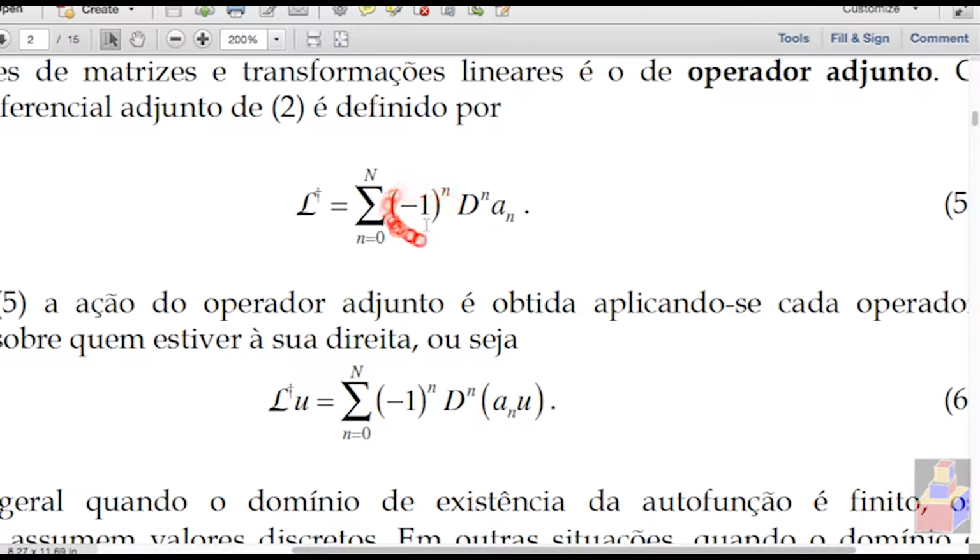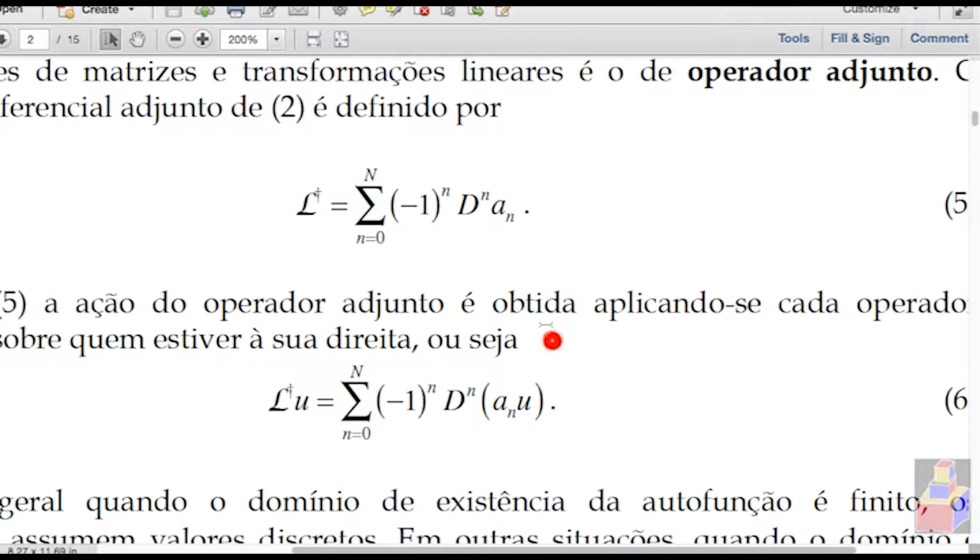Okay. So I have a (-1)^n. So I have a little difference. And now we have a_n to the right, so it means that the differential operator is going to act also upon a_n. So if you operate this on a function u, you're going to have something like this: the n-th derivative applied to the product of a_n, which is a function of x, and u. Okay?